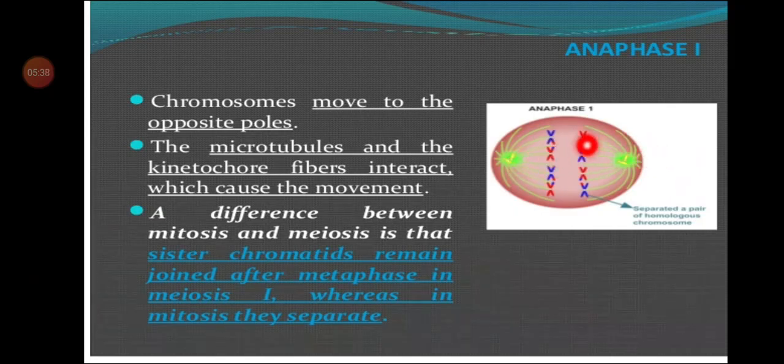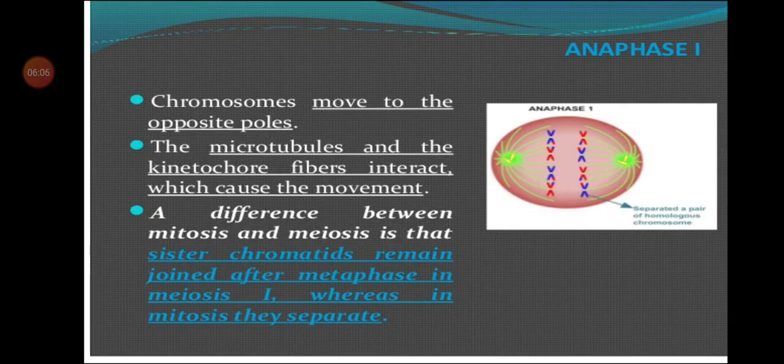Chromosomes are moving away from each other and moving towards the poles by the spindle apparatus. This process, when chromosomes are moving away from each other, is known as disjunction. The two sister chromatids of each chromosome do not separate in meiosis 1. Okay. So, let us move further.